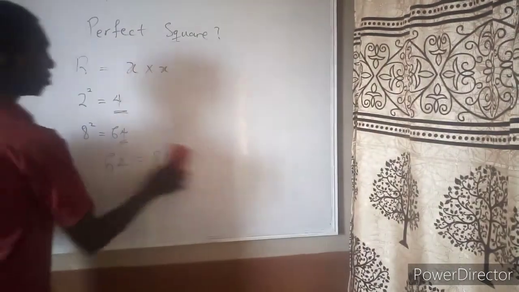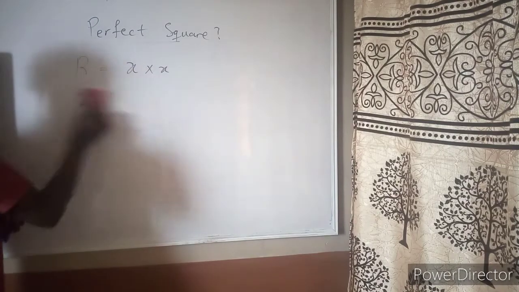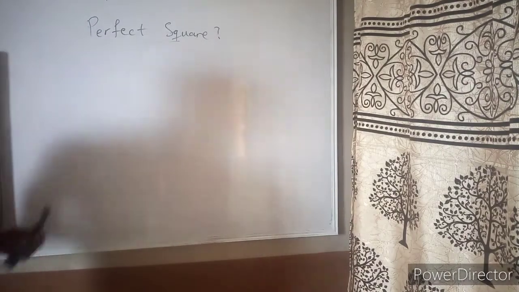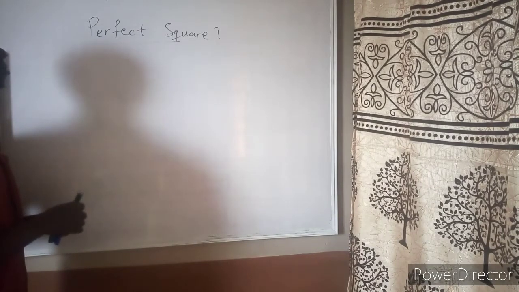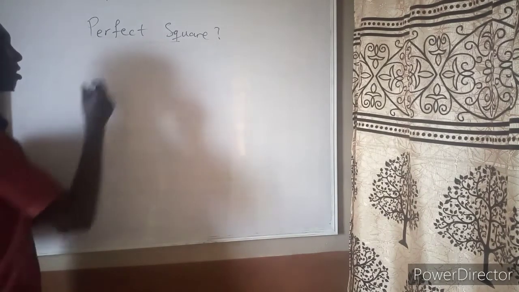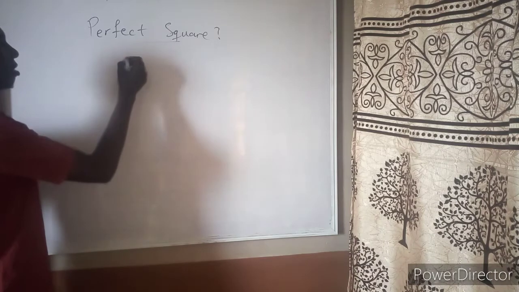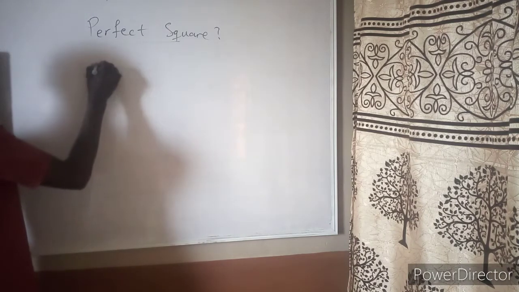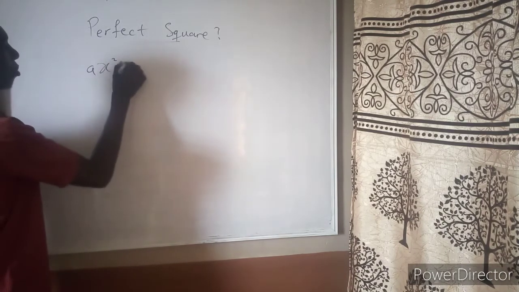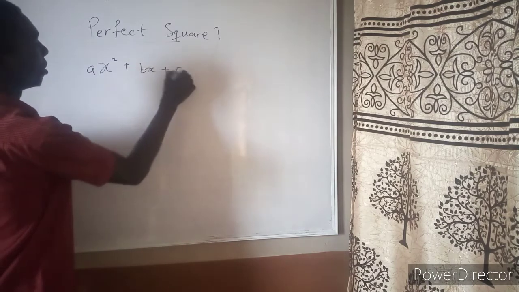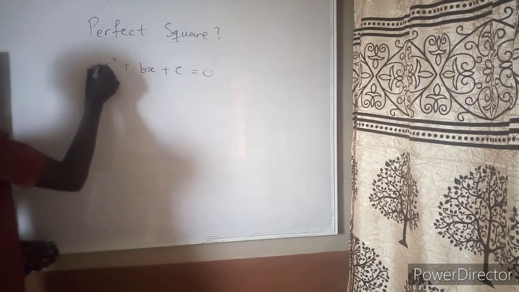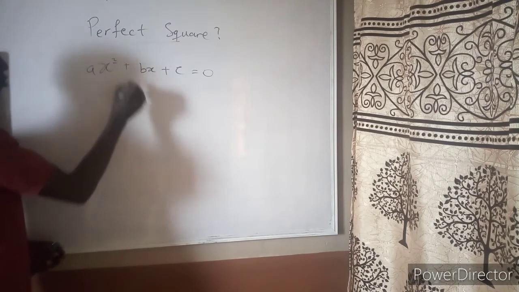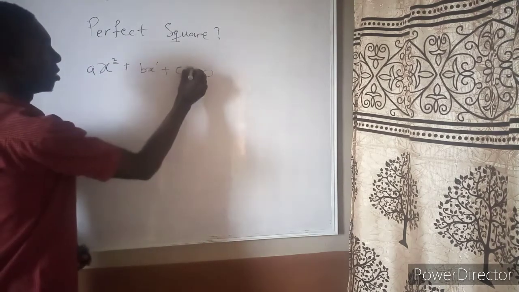Now, what a perfect square simply means in a quadratic equation is the multiplication of a simple linear equation twice. In a quadratic equation, I have ax squared plus bx plus c equals 0, right? In this case, the highest power of x, my unknown variable, is 2, and the next one is 1, the last one is 0.